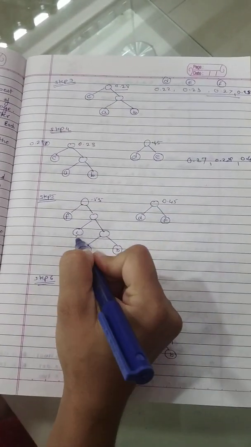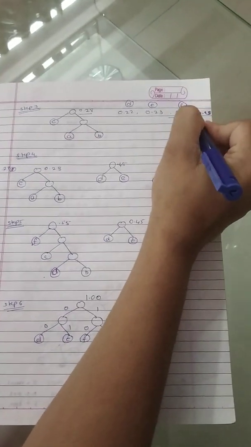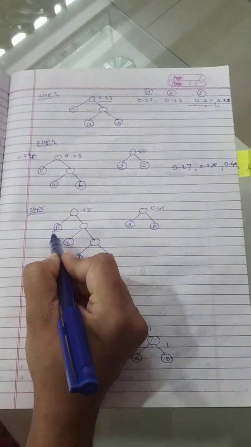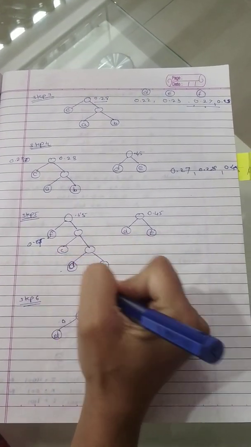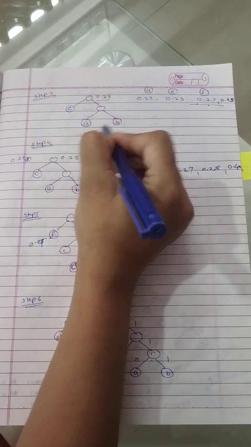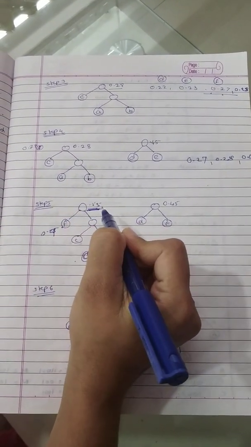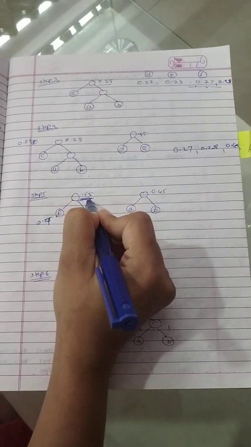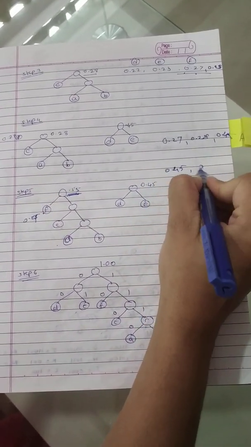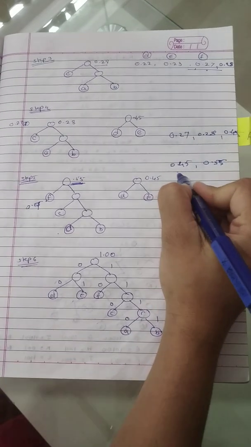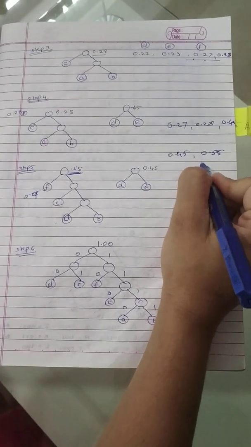That's why here F is having probability 0.27, and then the complete derived tree which is derived in step 3 we have to write down here and find out the combined probability, that is 0.55. Now you are having 0.45 and 0.55.